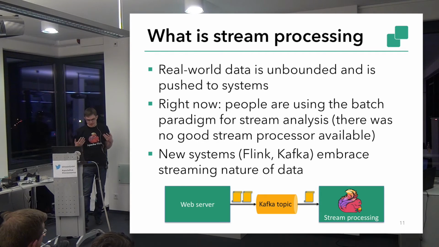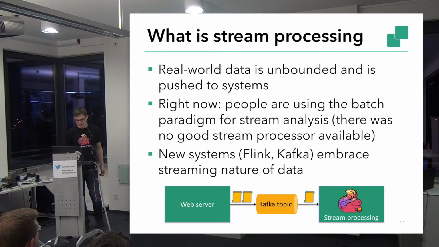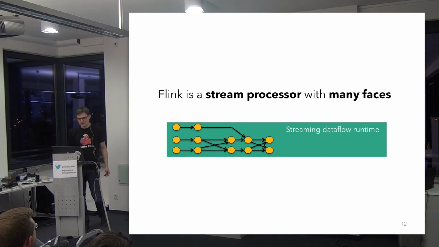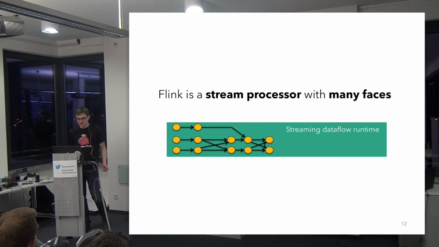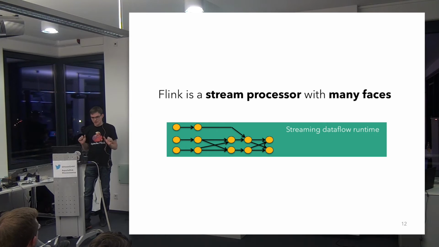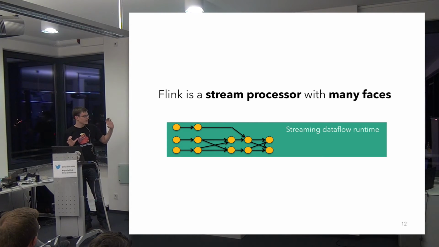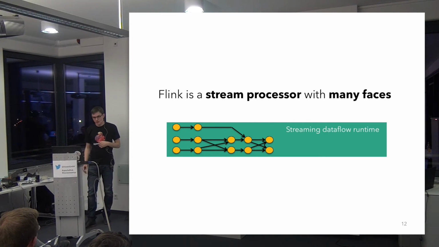So for explaining how systems are able to provide all these things that I've promised here, I'm going to explain why Flink is a stream processor with many faces. With many faces, I mean we can be a good system for very different use cases. And at the very core of all these, to support all these use cases, we have our core engine.